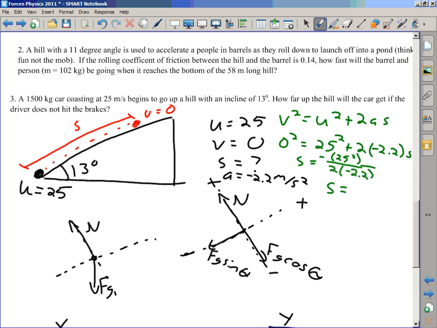What's s come out to be, somebody? 142 meters.